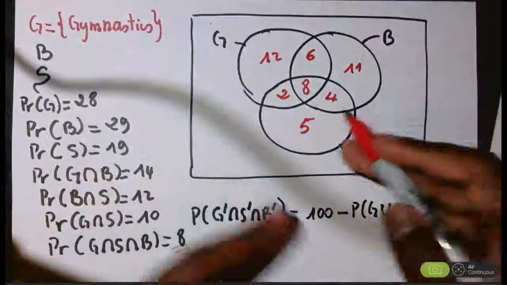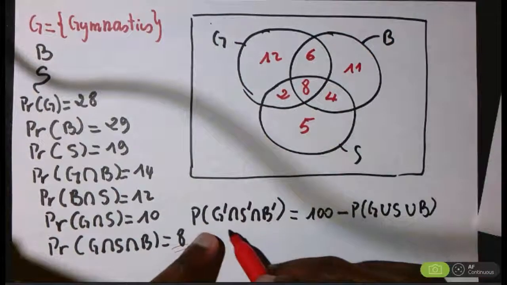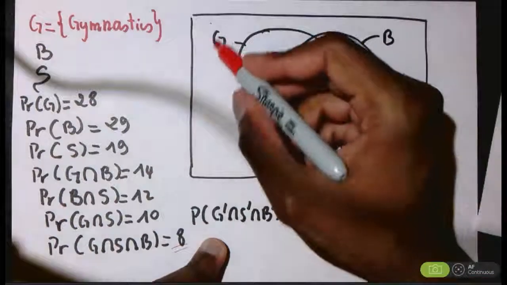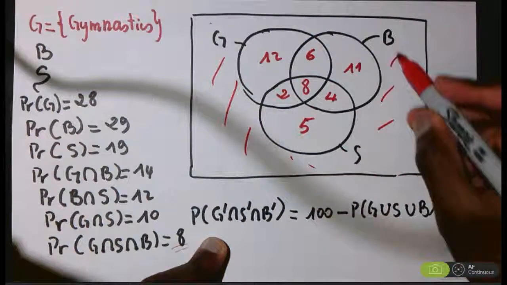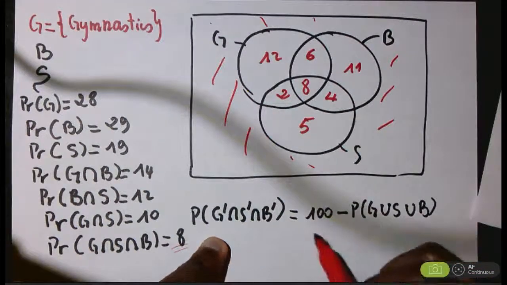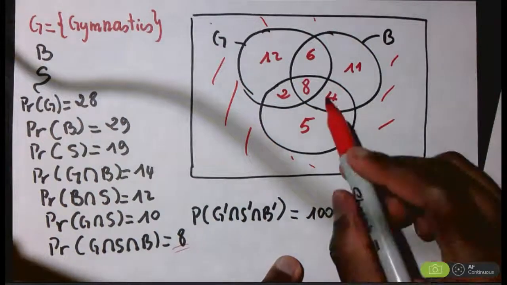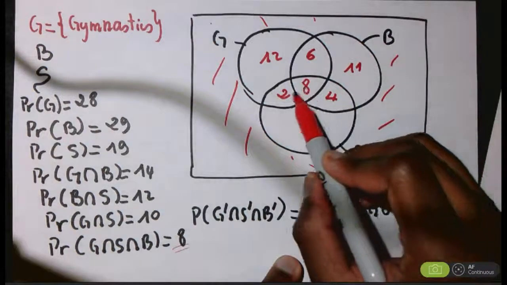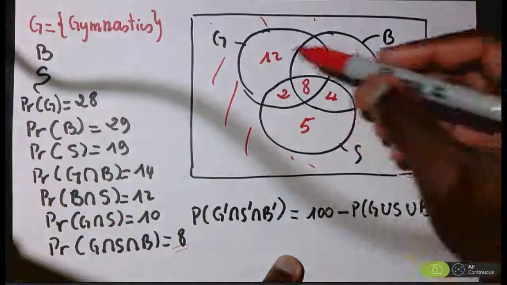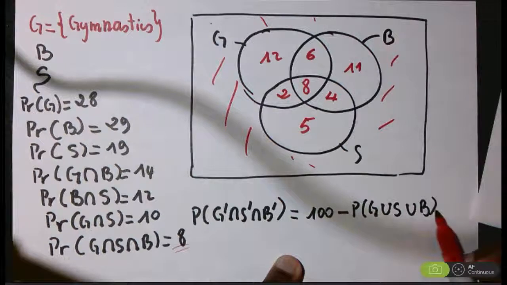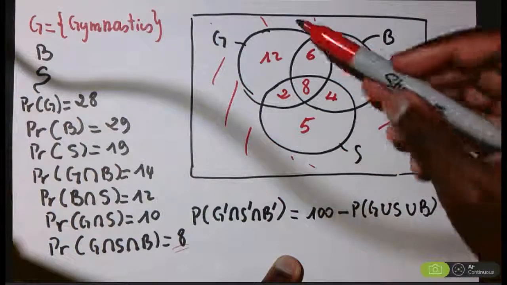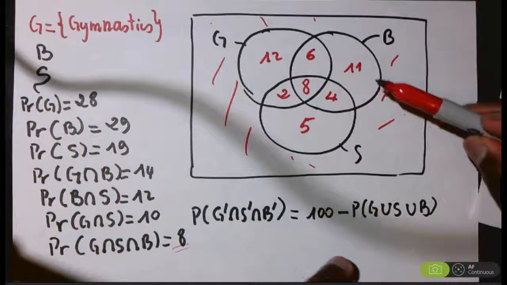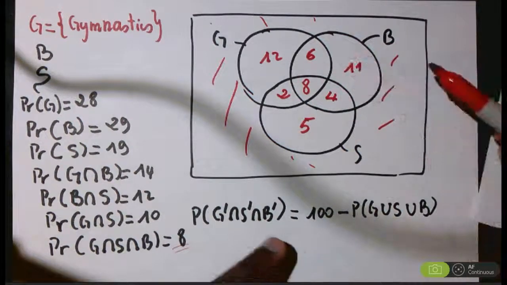Now that we have all those probabilities, they're asking us to find not G, B, and S, which is the area outside the circles. How do we find that? The sum 12 plus 6 plus 11 plus 8 plus 2 plus 4 plus 5 is the probability of the union of the three sets, meaning watching at least one of the sports.